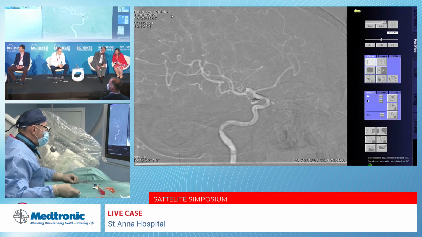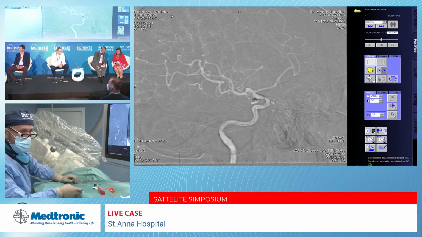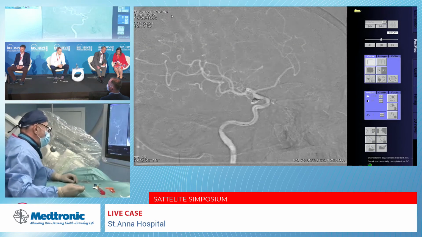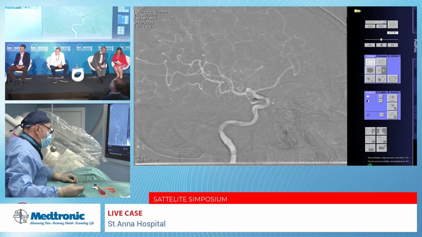Okay. Nuri, could you tell us about the materials and the implants that you are using? It's a Pipeline Shield technology. This means that it has an antiplatelet characteristic of the stent. Yes. I think that the position is okay.